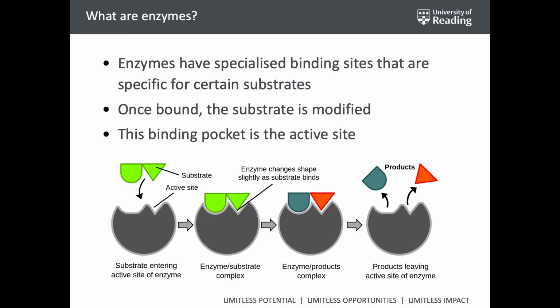So, what are enzymes? They're biological machines, they're biological catalysts. The three-dimensional organization of an enzyme allows them to have specialized binding sites that are specific for certain substrates. The basic function of an enzyme is to bind that substrate and to modify it. And this binding pocket is the active site. And this is a cartoon providing a very simplistic overview of the fundamentals of an enzyme operating.